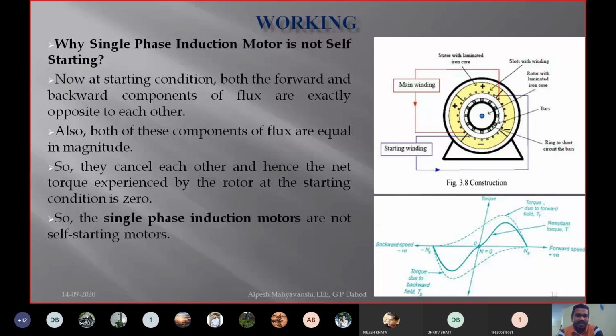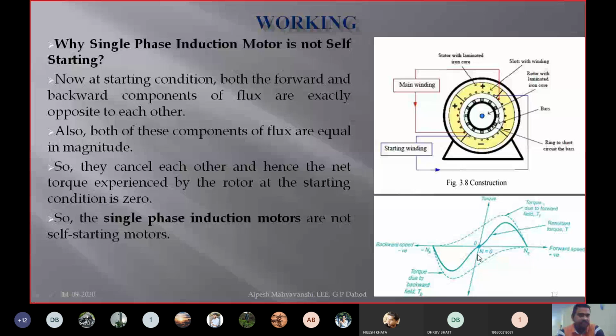So the torque produced by the forward flux is the forward torque, and the torque produced by the backward flux is the backward torque. At standstill, when n is equal to 0, this is the forward torque and this is the reverse torque.